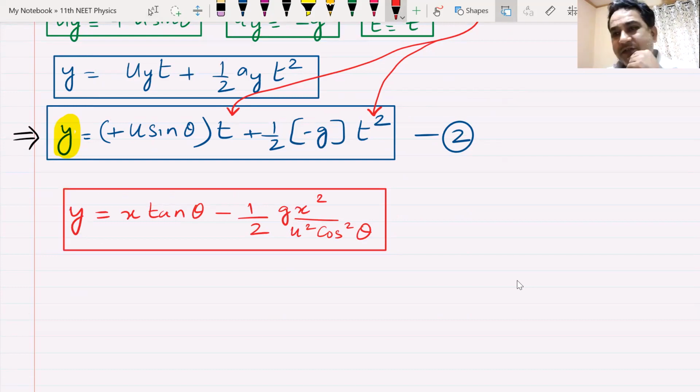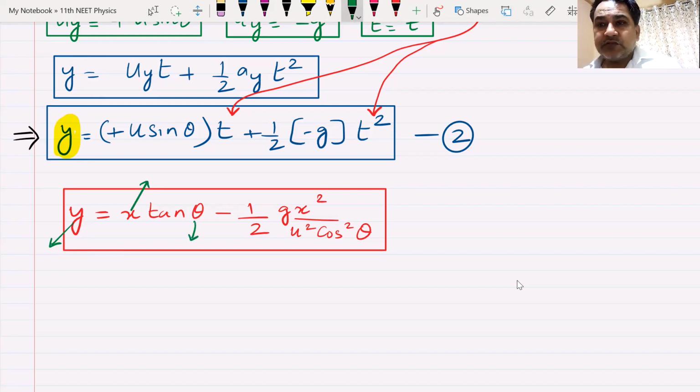Did you get this answer, everyone? I hope everyone got this answer. We must remember what all these things in the equation are. y stands for the y coordinate. x stands for the x coordinate of the particle.